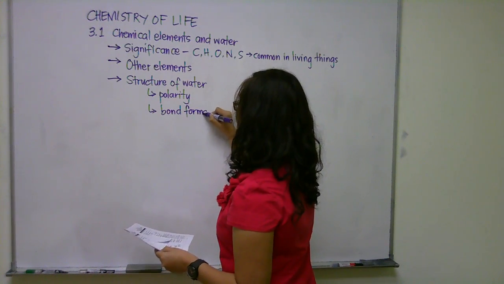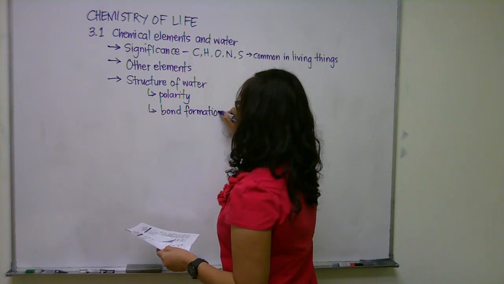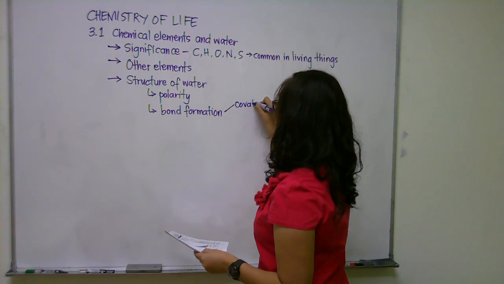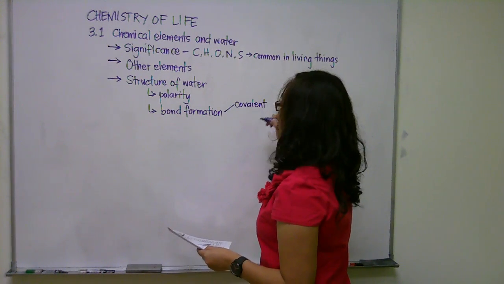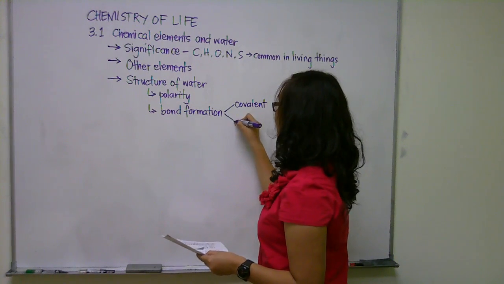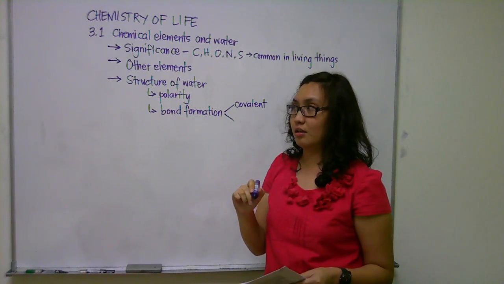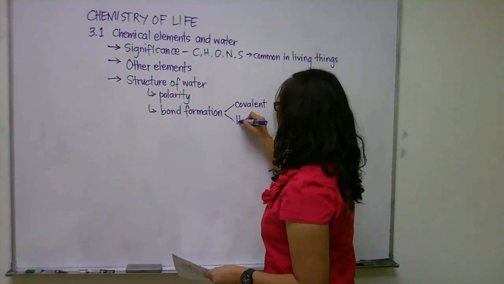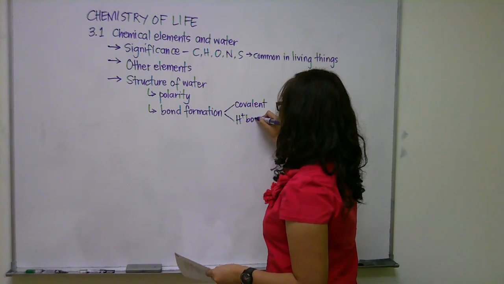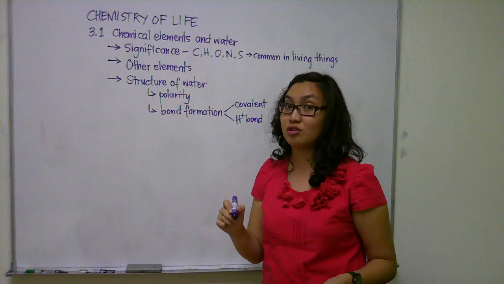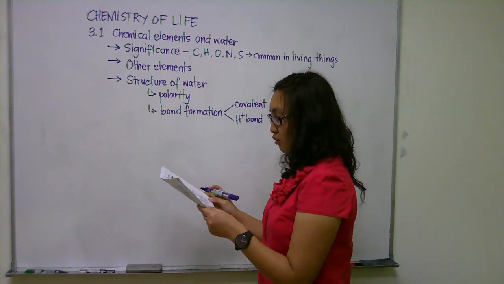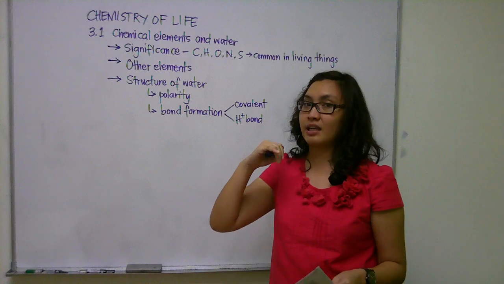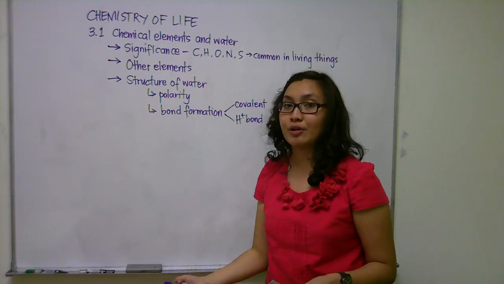In one water molecule, it includes the covalent bond that holds the oxygen and the hydrogen elements together. It also includes the hydrogen bond that holds water molecules together. By elaborating on the bond formation, this gives different properties in water.